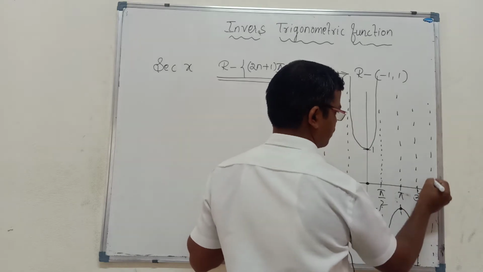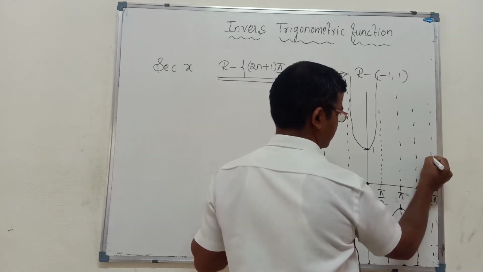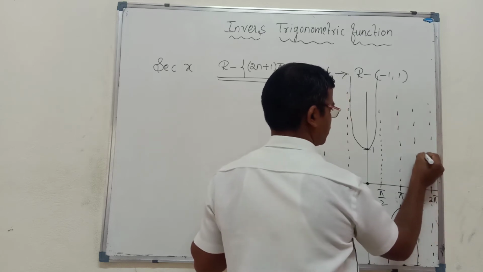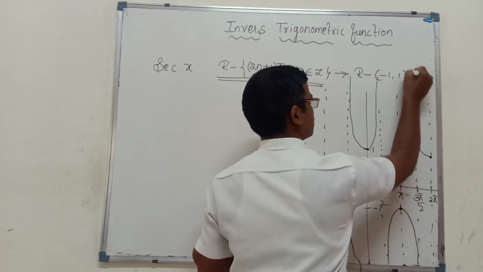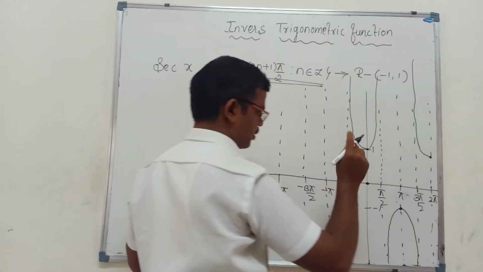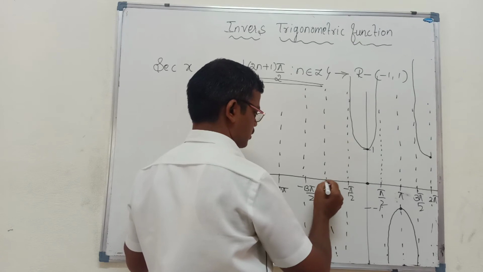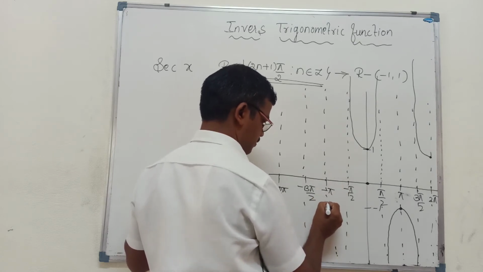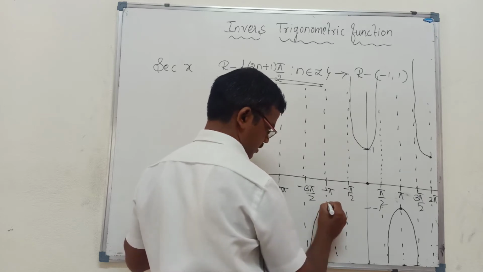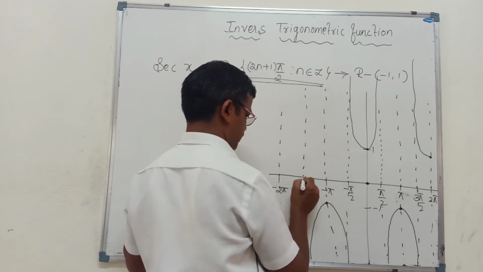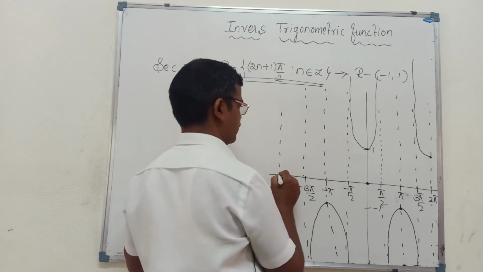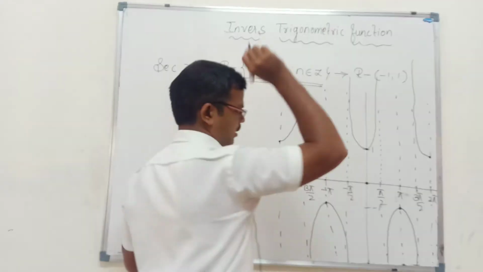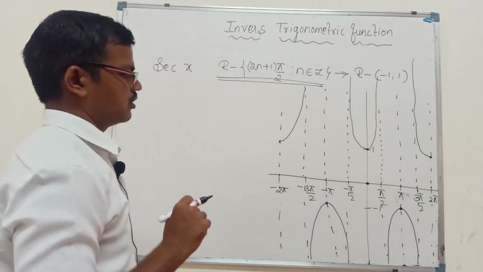At 2 pi it is 1, and in the fourth quadrant it is positive, so we'll get like this. Similarly, here minus 1, the graph will get like this. And here it is 2 pi, that is the third quadrant, so the graph will get like this. So it is the graph for the sec.